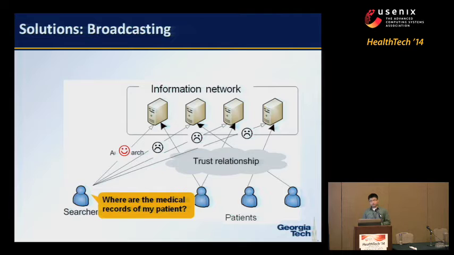In order to achieve this, there are multiple solutions. One baseline is simply to broadcast the search request to all hospitals in this network. Let's say the searcher will search for the record, and he sends his search request to all these 4 hospitals. Then he gets authenticated for each request, and then he can search the local contents on each of these 4 hospitals.